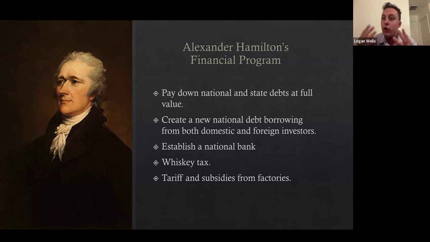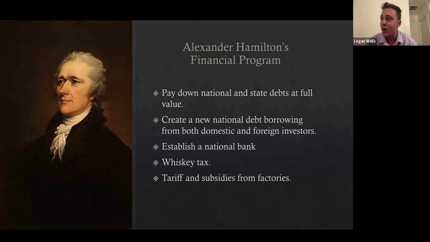So you want to create new national debt, because if you have debt, that's how you get credit. You can't build up a credit score if you don't take out some credit, get some debt, and pay it off, showing investors and people you're trustworthy. That's what he believed would help this new nation grow. So he wanted to create new national debt, borrowing from both domestic and foreign investors.